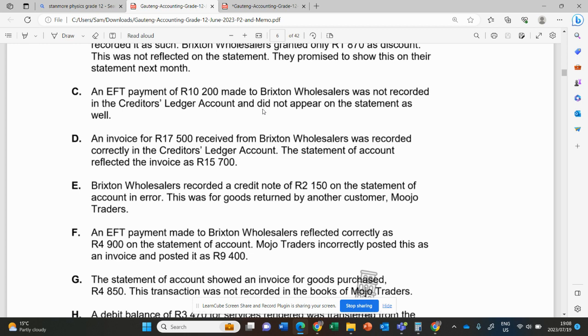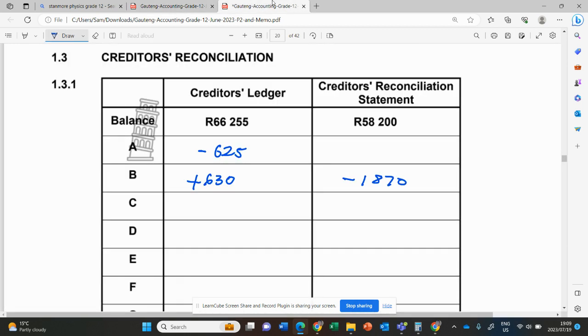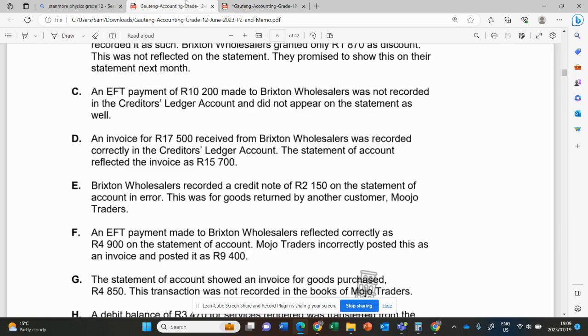It was not recorded in the creditors ledger in our books and was not also recorded in the supplier statement. So we need to record both. So it's going to be minus 10,200, minus 10,200. Why? Because payments reduce what? Reduce the account.